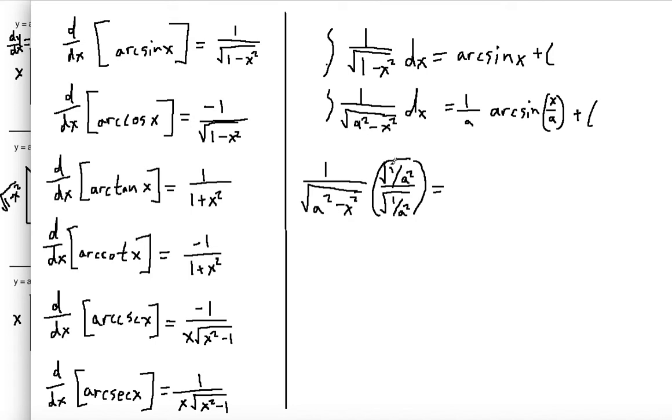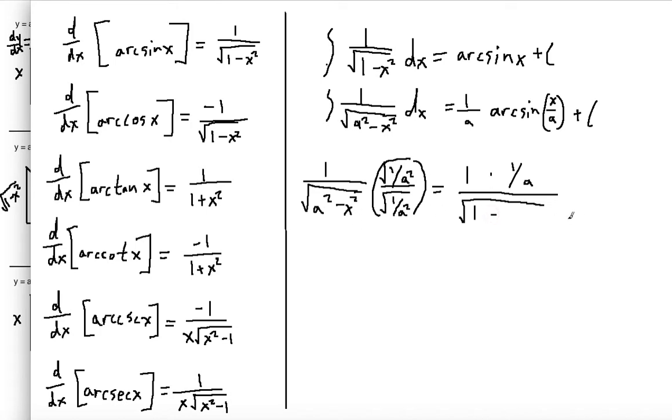So up here, this will be the same thing as 1 times 1 over just an a, because we're taking the square root of 1 and the square root of a. Those will cancel. On the bottom, because they are both inside the square root, we are allowed to distribute the 1 over a squared in, and a squared times 1 over a squared is 1.